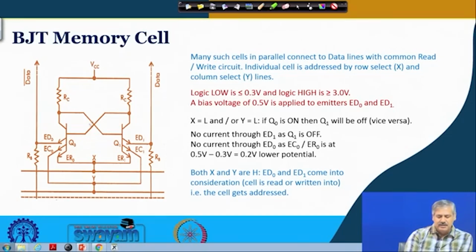For our general discussion we consider that Q naught is on and Q1 is off. The discussion is just analogous for the other case, where a similar analysis will follow, equivalent to whatever we discuss for Q naught being on.